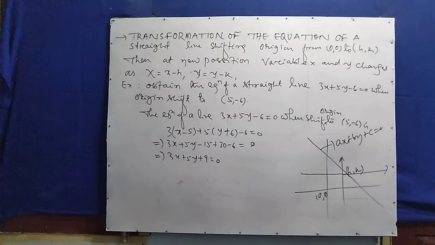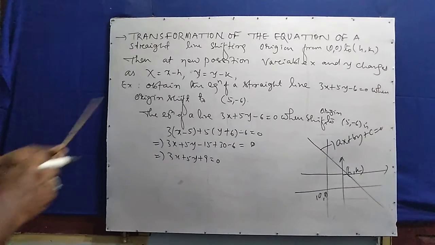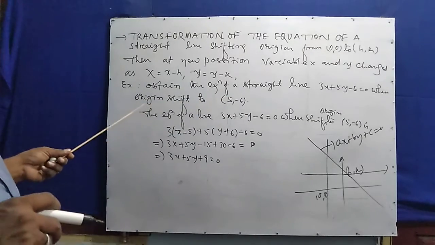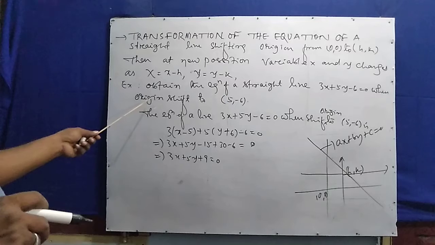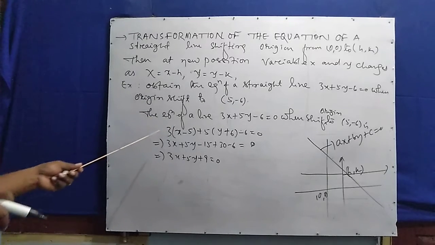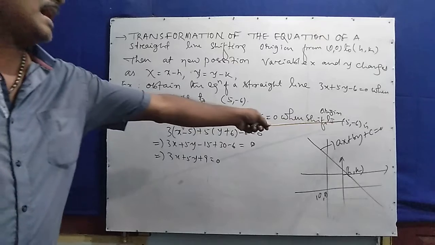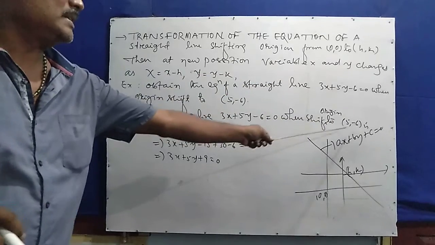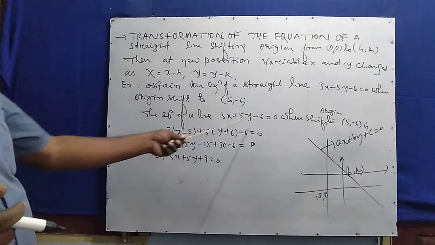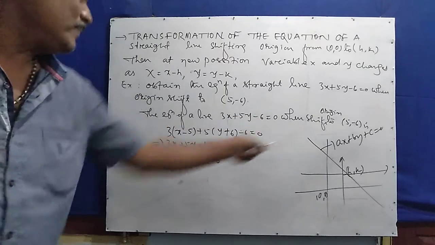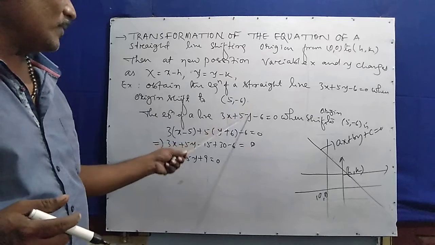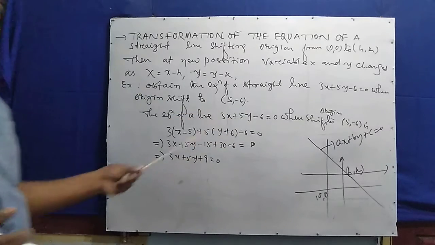Now look at one of the examples. Obtain the equation of the straight line 3x plus 5y minus 6 equal to 0 when the origin shifts to 5, minus 6. Here the h, k point is given. Instead of x, you write x minus 5, and instead of y, you put y plus 6.